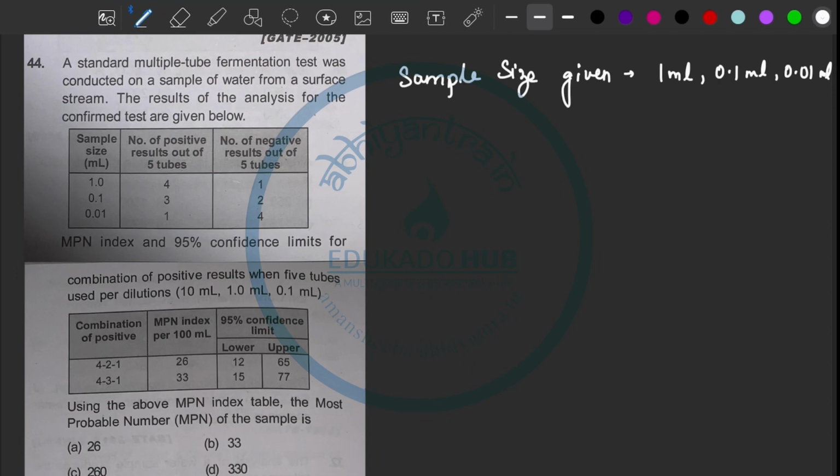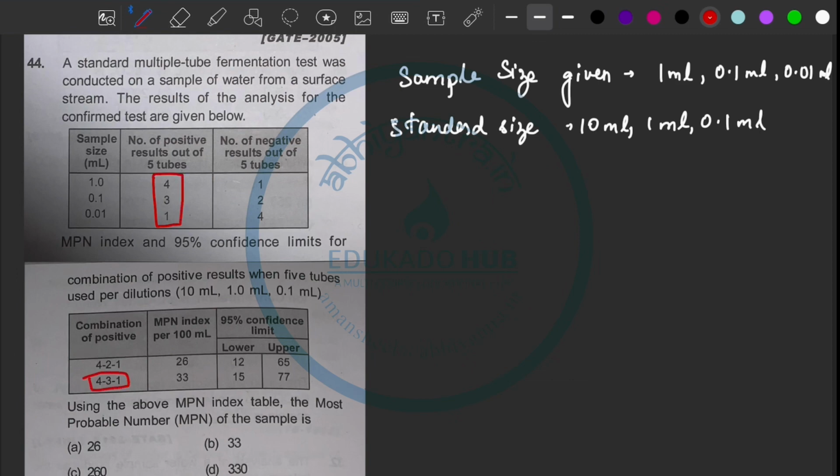This is the sample size. Whereas the standard size should be 10 ml, 1 ml, 0.1 ml. And the combination that matches with the sample size and the standard size is 431. So the standard size is 10 ml and sample size is 1 ml.